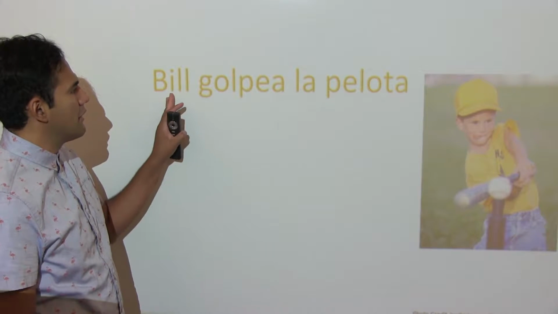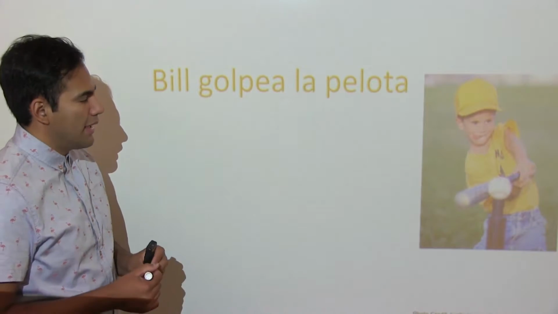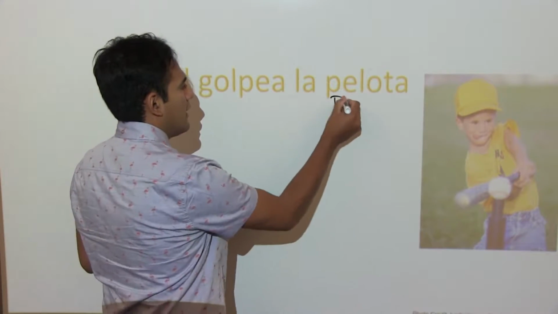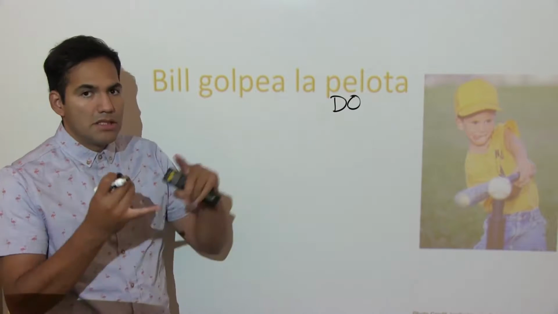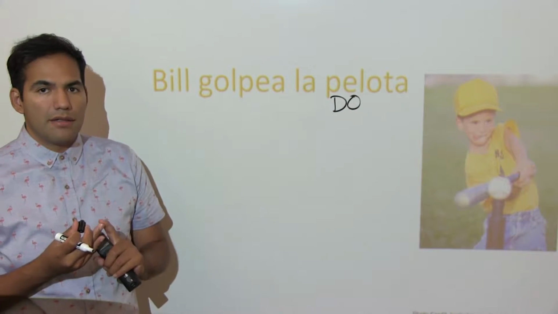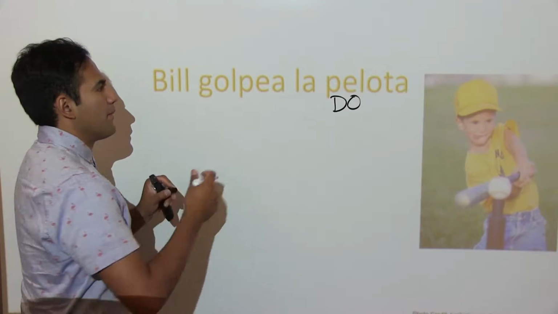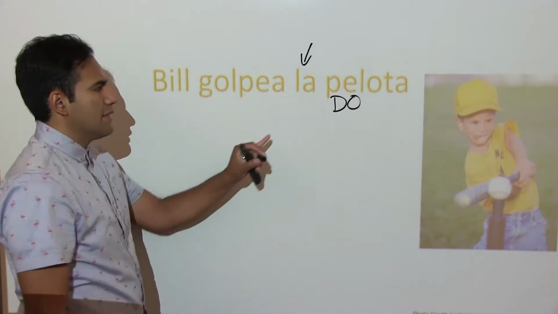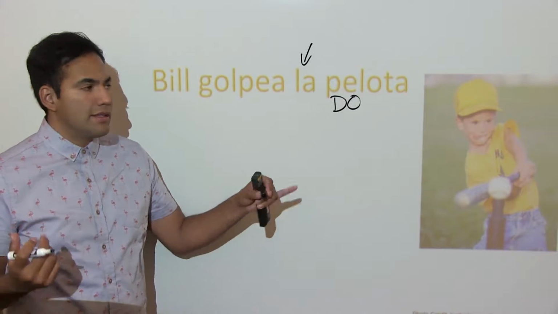In this case, we have Bill golpea la pelota. If we wanted to replace the direct object right here, we need to make sure we understand the gender and the quantity of the noun and the direct object. In this case, the article is going to give you a very good clue of the gender of the direct object.